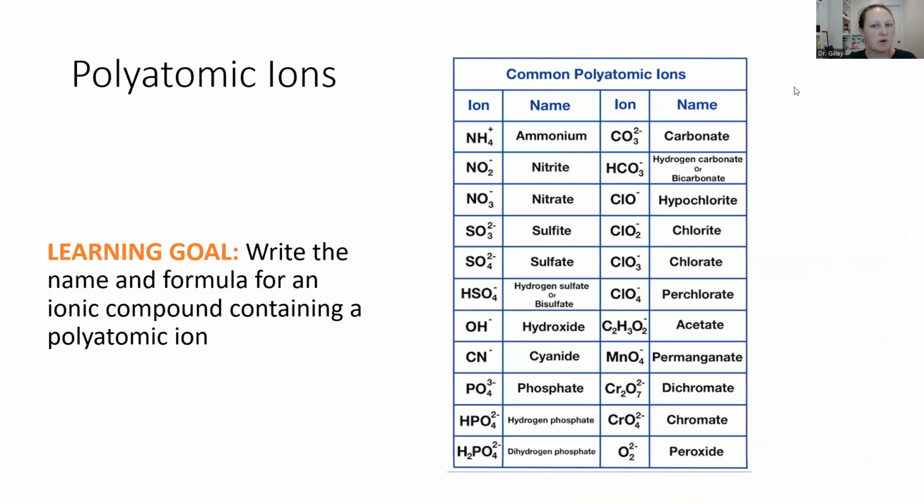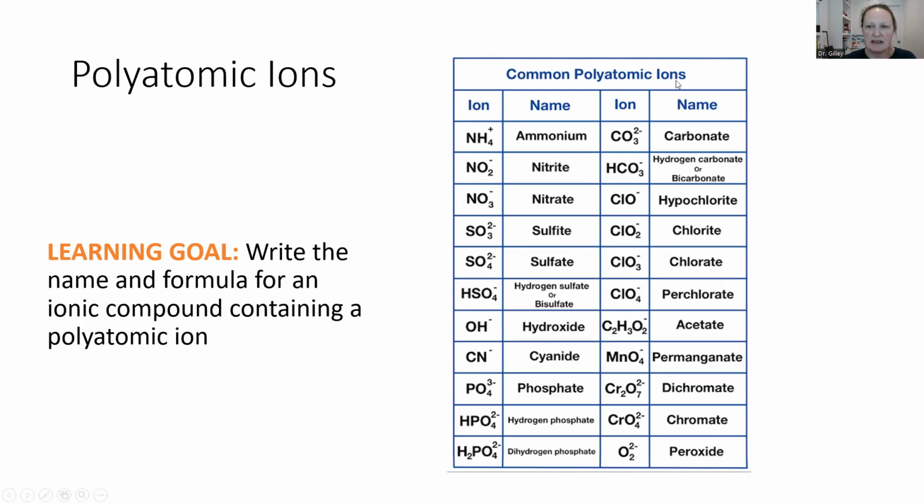All right, so next we're going to talk about polyatomic ions. And our learning goal is to write the name and formula for an ionic compound containing a polyatomic ion. So I included this table here, which lists some common polyatomic ions. And they're exactly what they sound like, right?